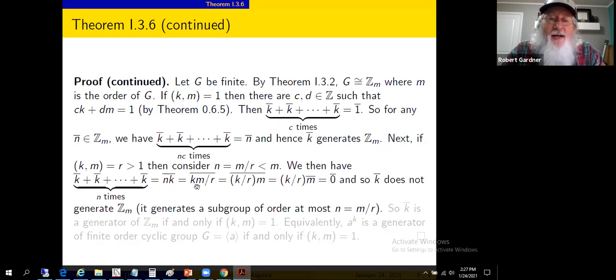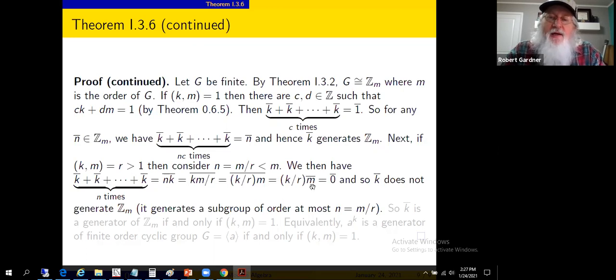We can rewrite that as K divided by R times m. K divided by R is also an integer, right? R divides K, being the greatest common divisor of these two. So by the definition of how you add equivalence classes, we can treat that as K divided by R times m bar, the equivalence class containing m.